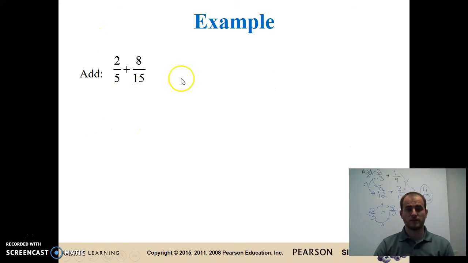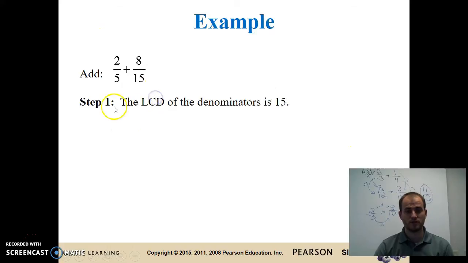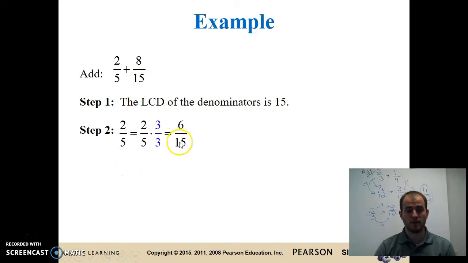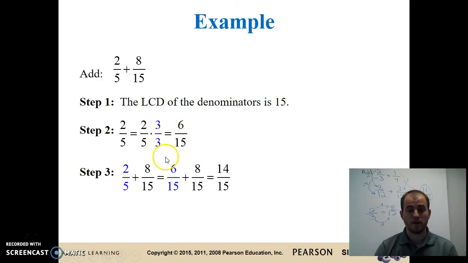2/5 plus 8/15. Your first question should be, what is the least common denominator? Well, 5 and 15 both go into 15. Now rewrite them both with the common denominator of 15. So 2/5, you need to multiply the denominator by 3, and the numerator by 3, which is the same thing as 6/15.